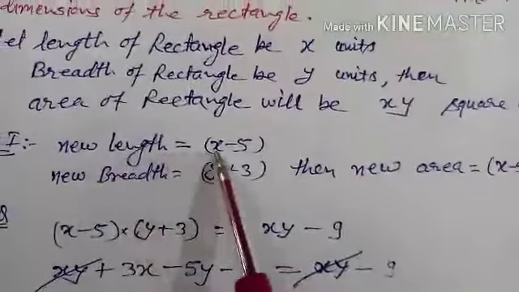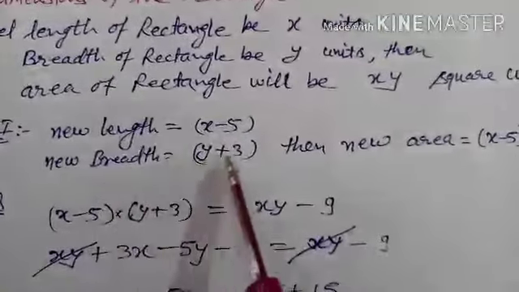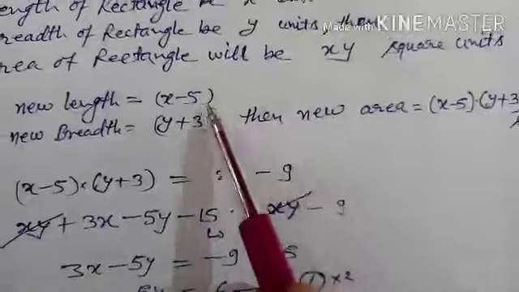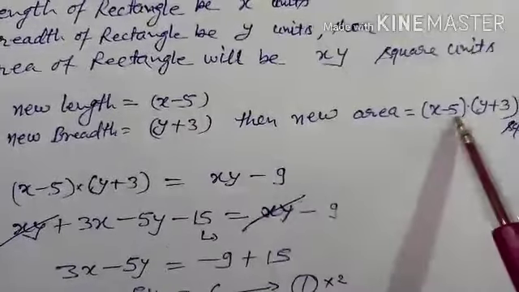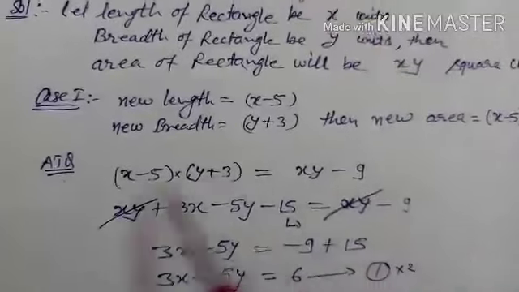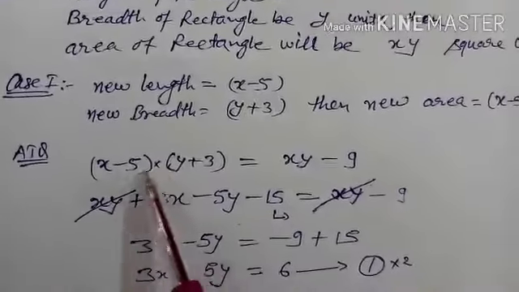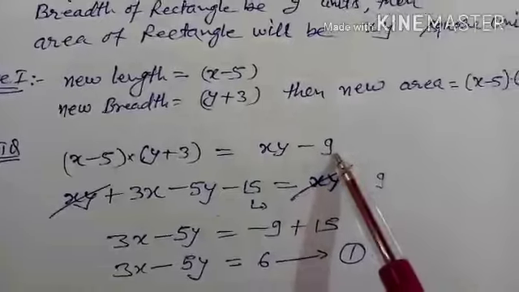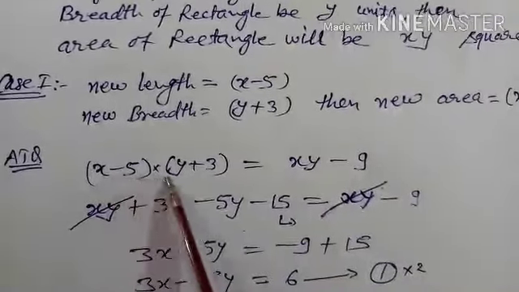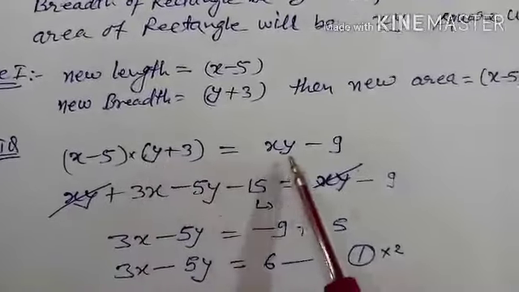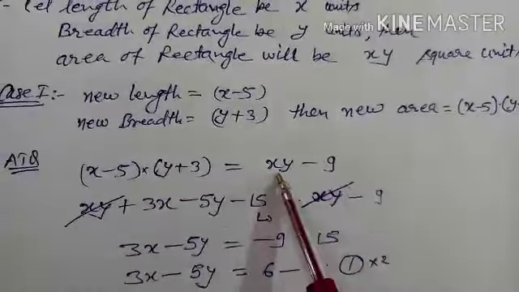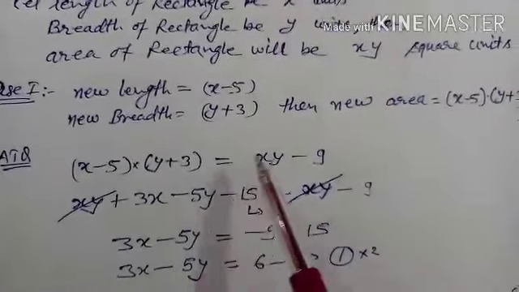Then the new area is the new length and new breadth, which is x minus 5 into y plus 3. According to the question, this new area will be reduced by 9 square unit from the old area. So x minus 5 into y plus 3, this is the new area, and it will be reduced by 9 square unit from the old one, which is x into y.